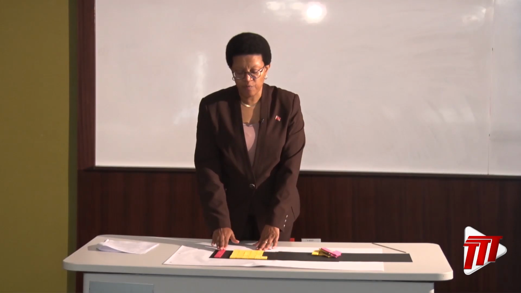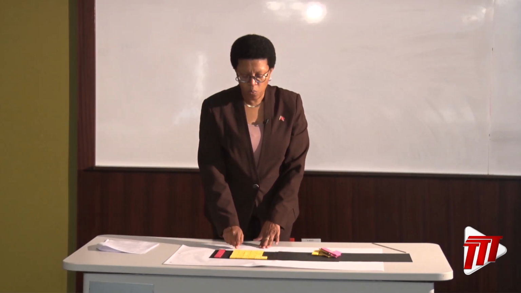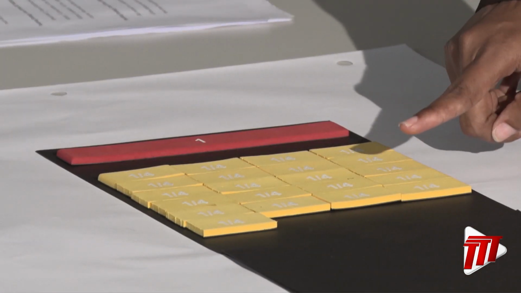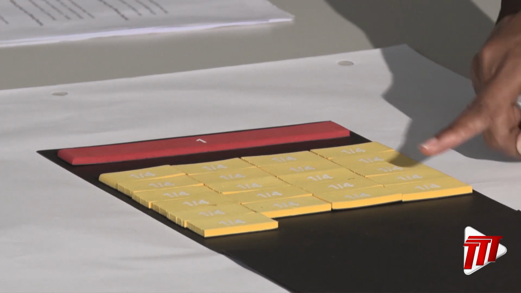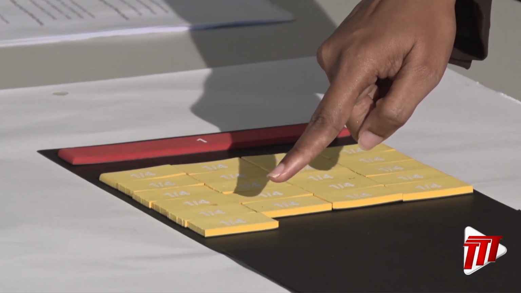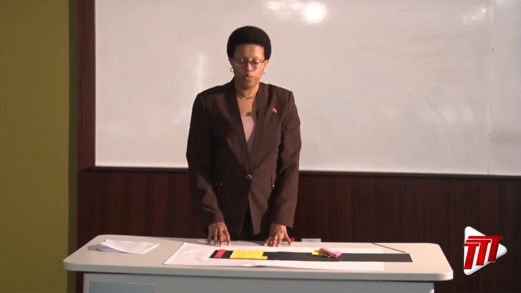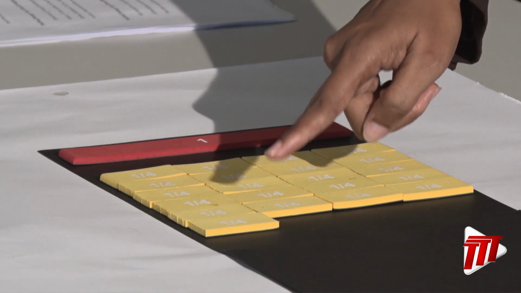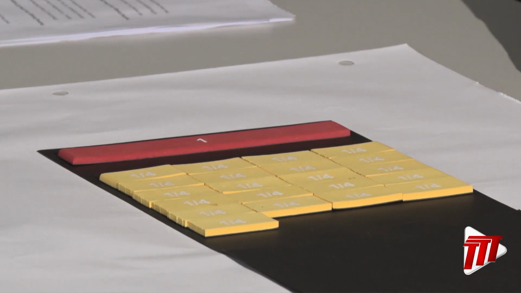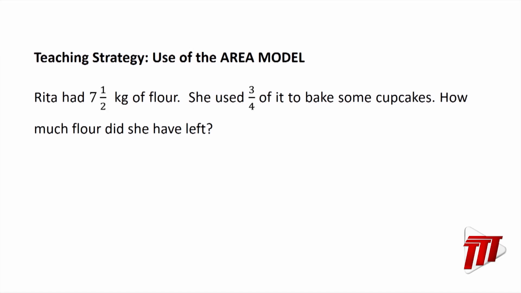Twenty-one quarters arranged into wholes gives us 1, 2, 3, 4, 5 wholes and 1/4 remaining. This means that 3/4 of 7 is equal to 5 and 1/4.